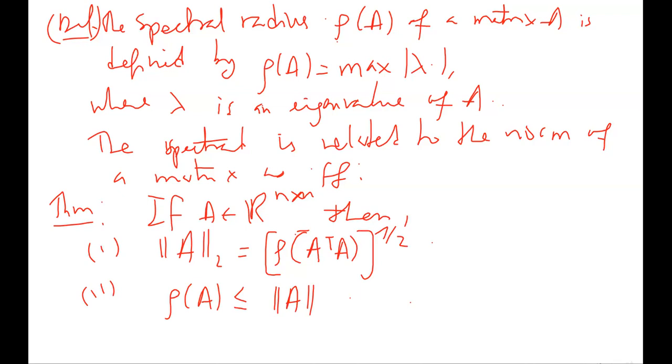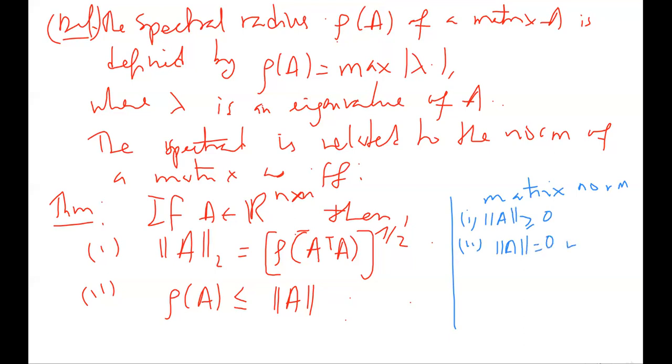I think I spoke about norms, right? Just in case you're unsure, a matrix norm should satisfy 4, maybe 5, properties. 1. The norm is nonnegative. 2.